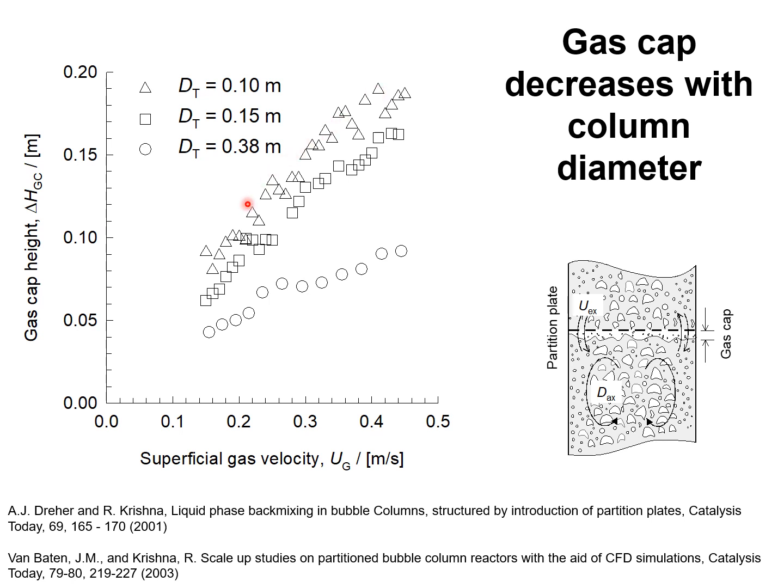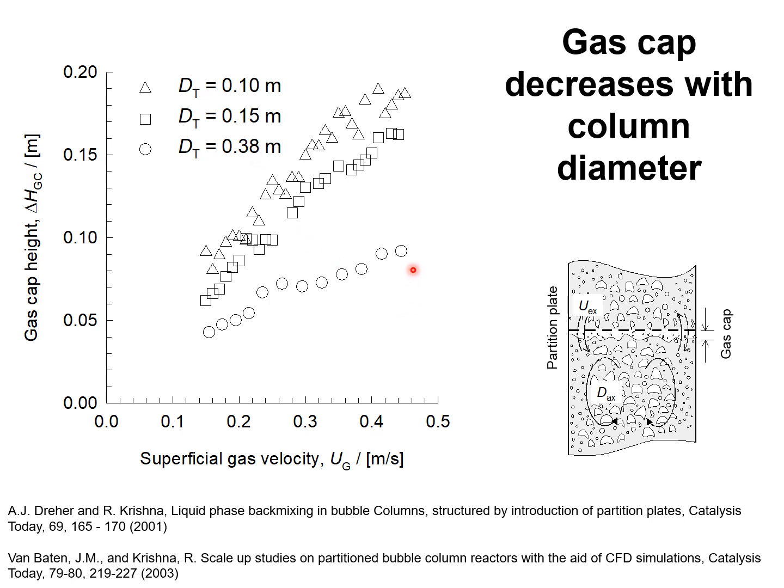The triangles are for a column diameter 10 centimeters. The squares are for a column diameter of 15 centimeters. And the circles are for a column diameter of 38 centimeters. We note that the gas cap is significantly lower for the larger diameter column.